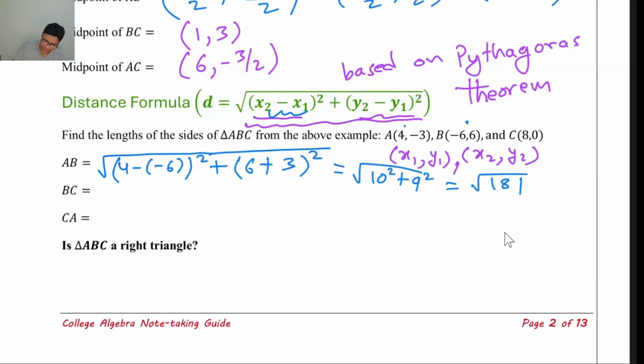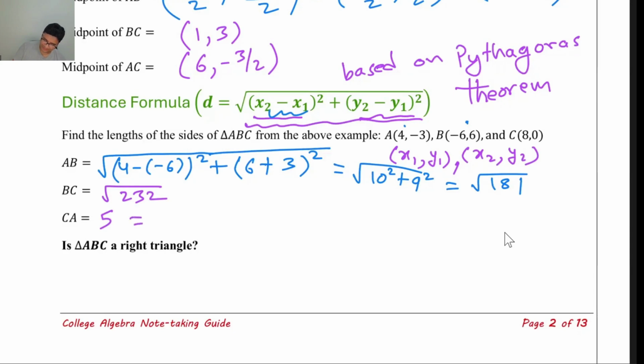BC is under root 232, if you computed it correctly. And about CA, you would have found that it is going to be equal to 5 at the end of it. How?